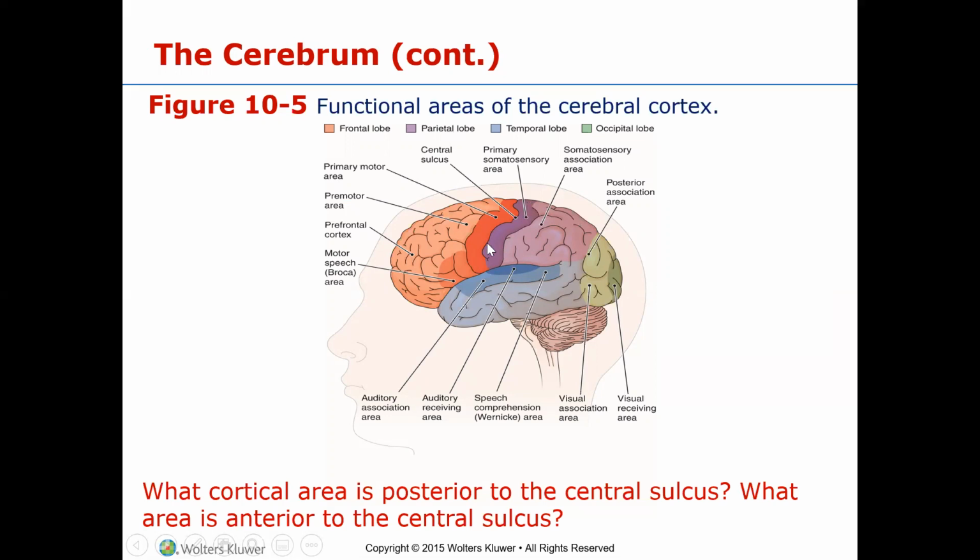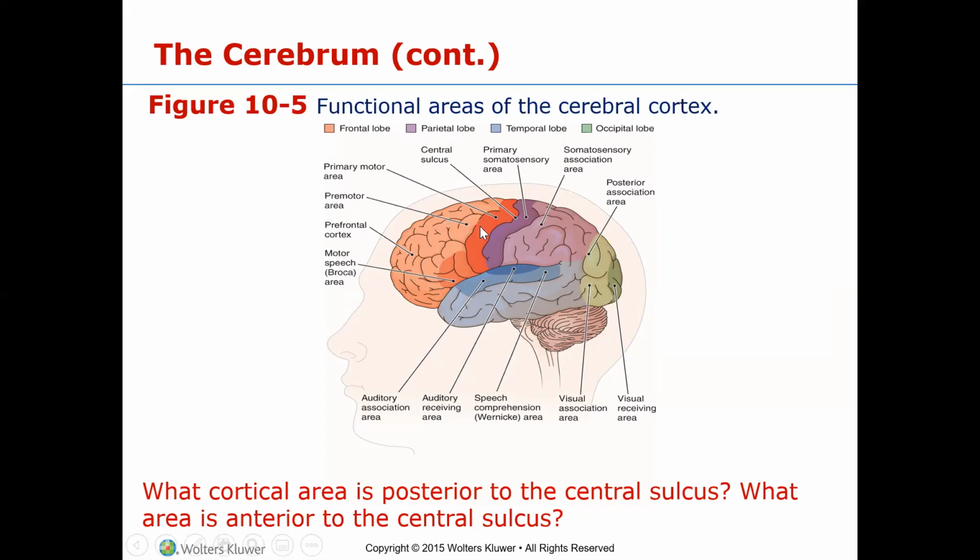Then we have that central sulcus here. In front of that is the primary motor area. And then this is for the motor speech, which we call the Broca area. All of this in orange is part of the frontal lobe.